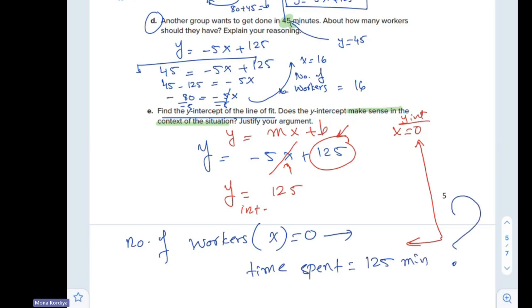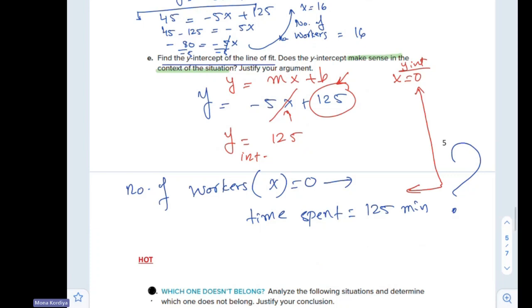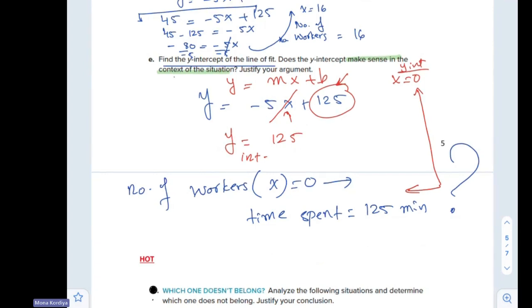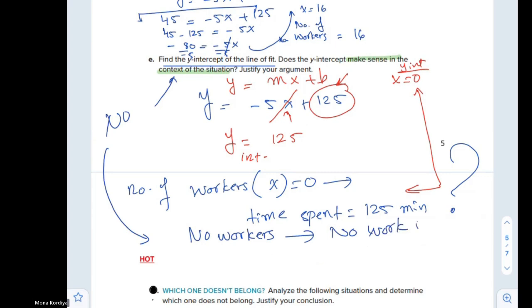Now, does it make sense? Of course not. If there are no workers to do the job, then there will be no time spent. So you would answer this question, no. Because if no workers are there, no work is done. So this equation will be valid with at least one worker. You cannot assume no workers using time.